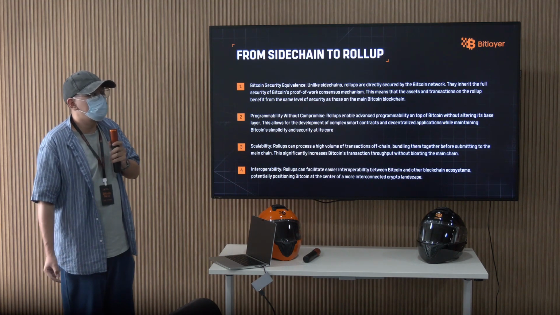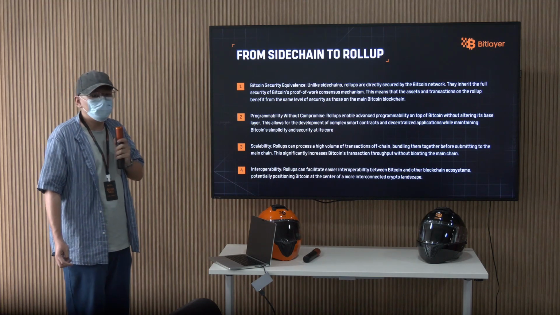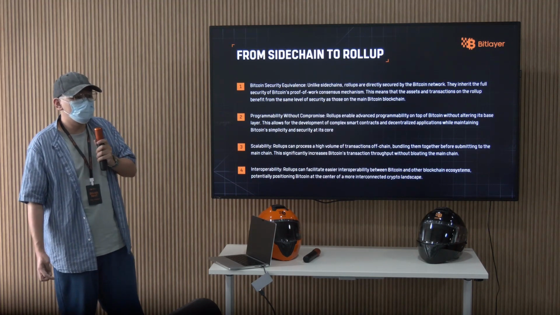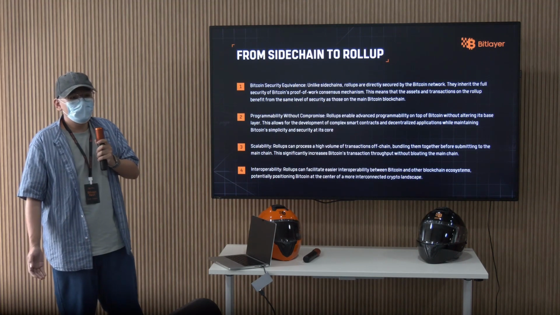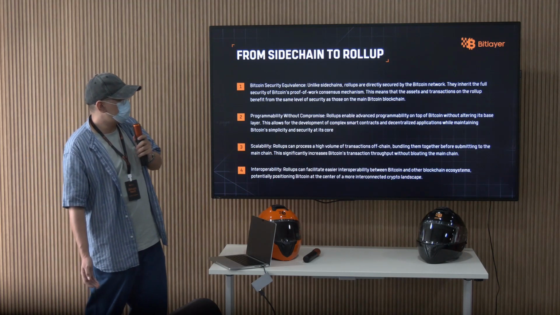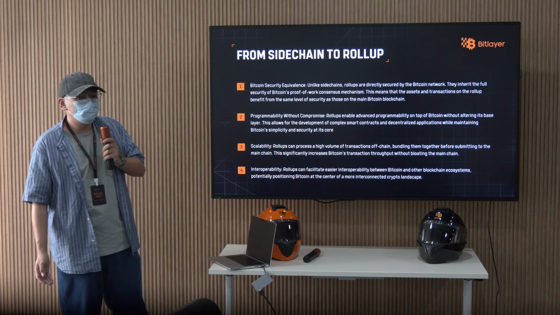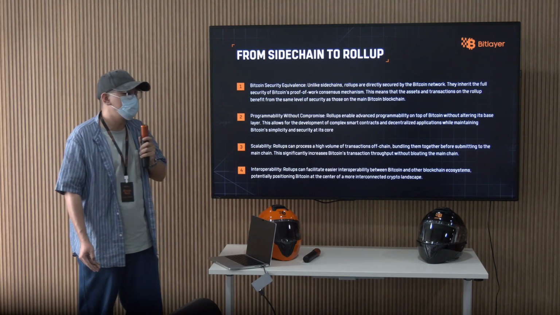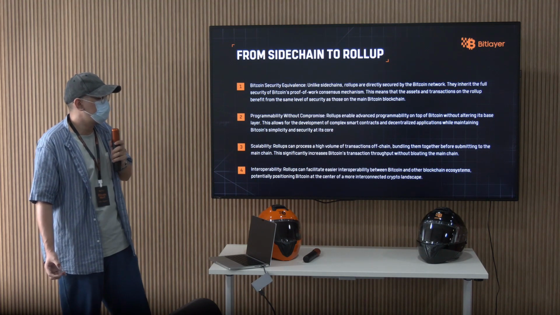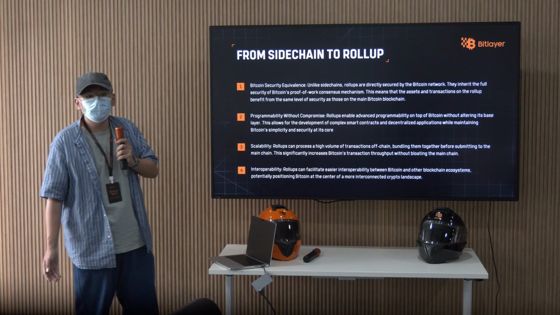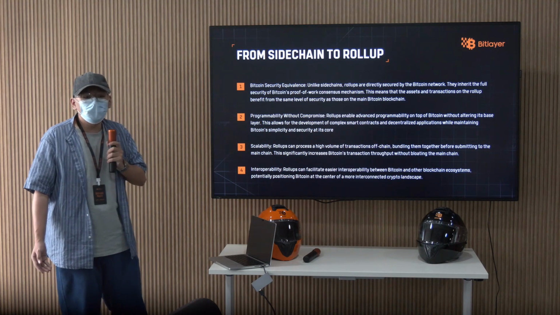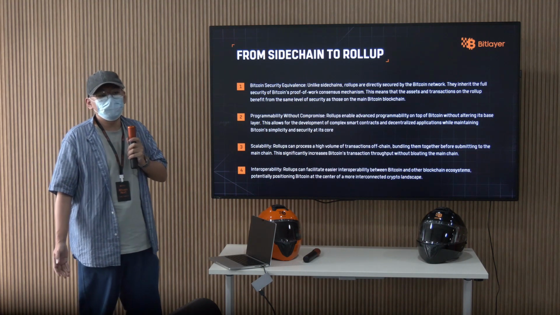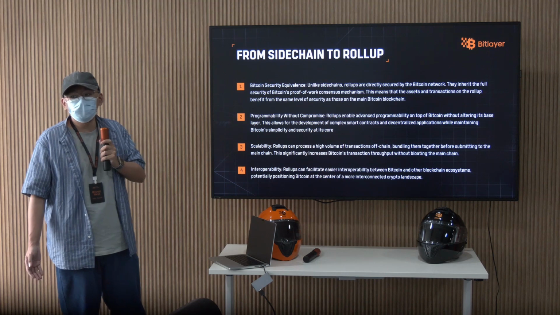Rollup can inherit Bitcoin security without compromising trustlessness, which is the most significant difference from a sidechain. Also, we expect rollup to extend programmability and scalability to Bitcoin, so that we can accommodate a wider range of applications.